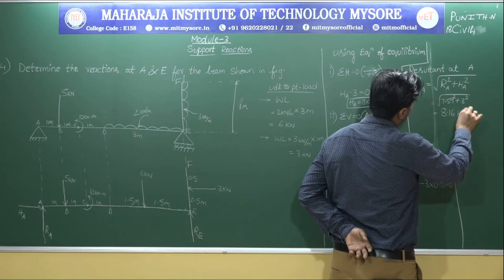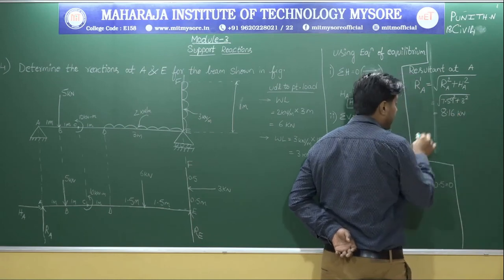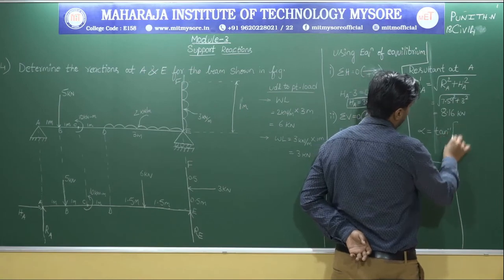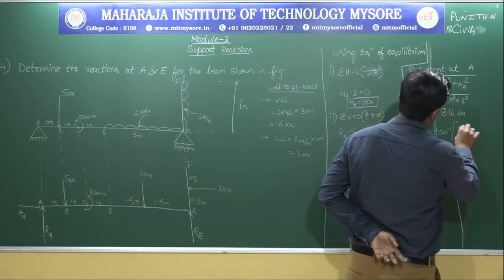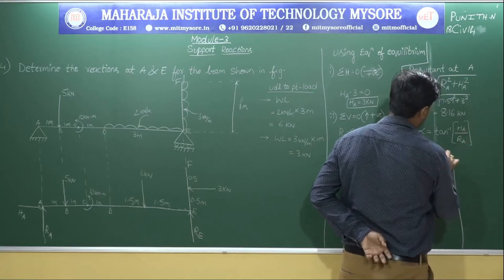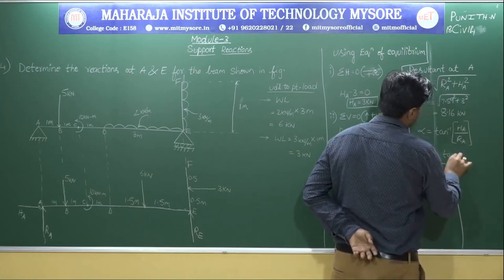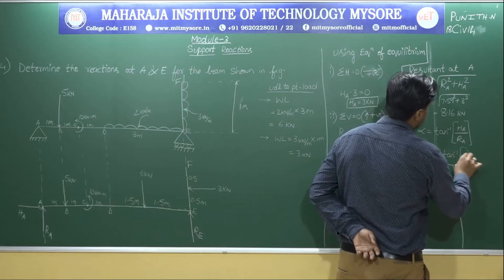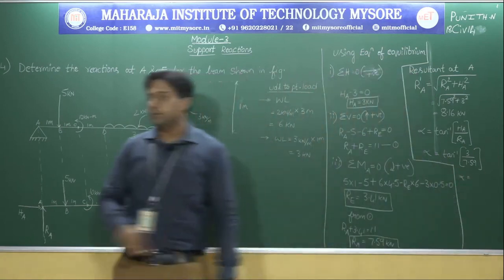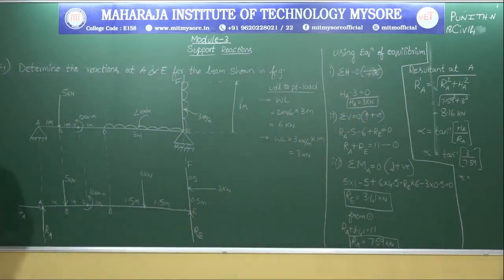I want to calculate the direction. So, direction is given by alpha is equal to tan inverse of, okay, it is HA by RA. I think you people remember this formula. HA is 3, RA is 7.59. What is the final value of alpha? I think I have written it, sorry.